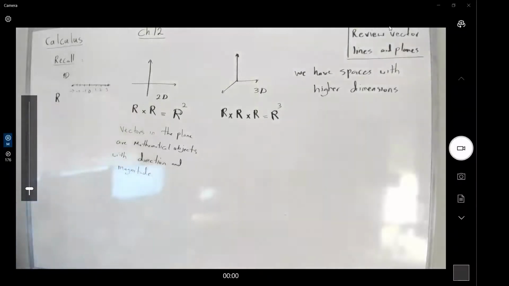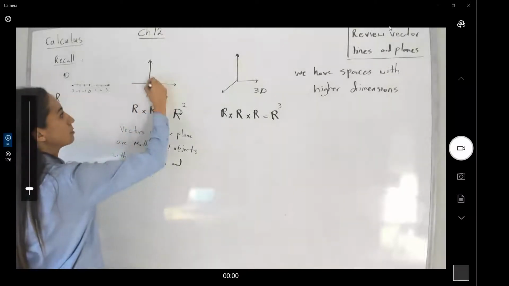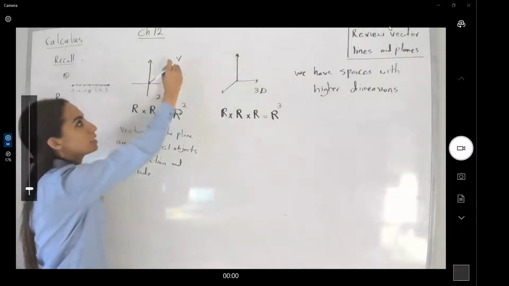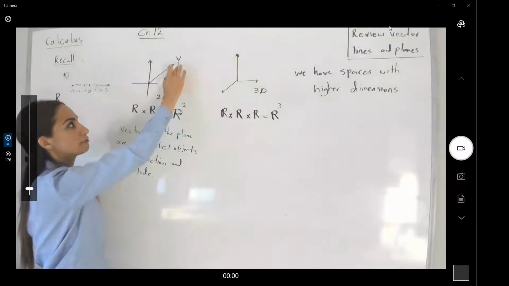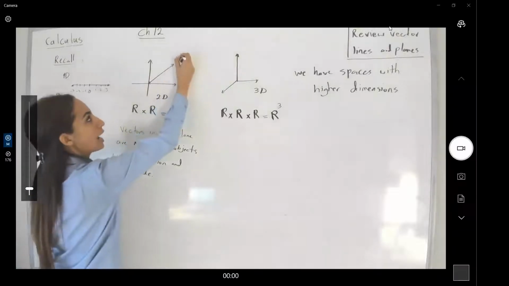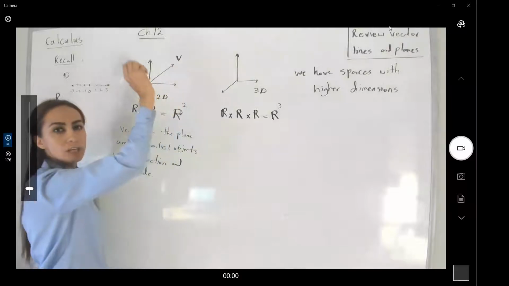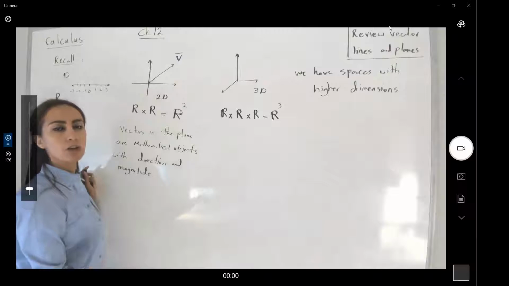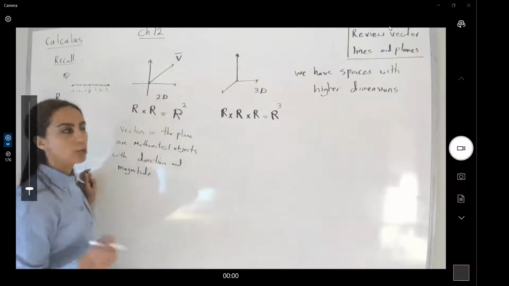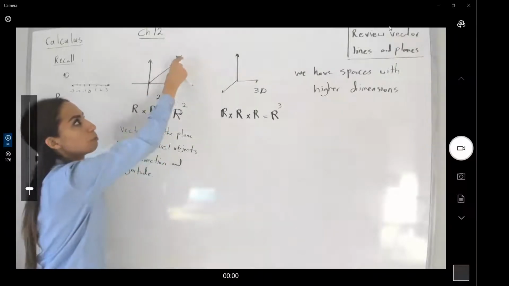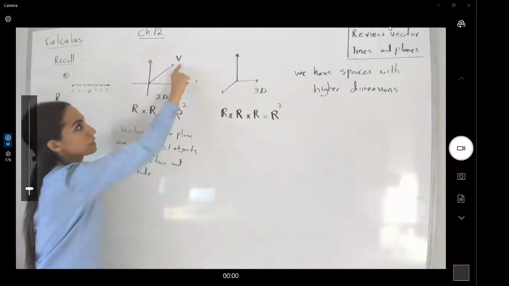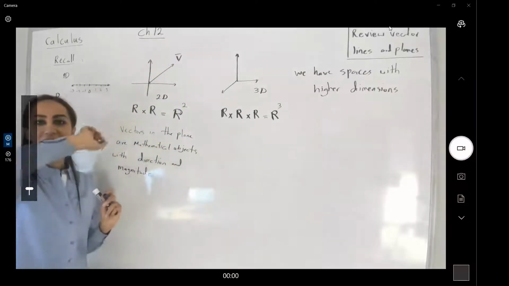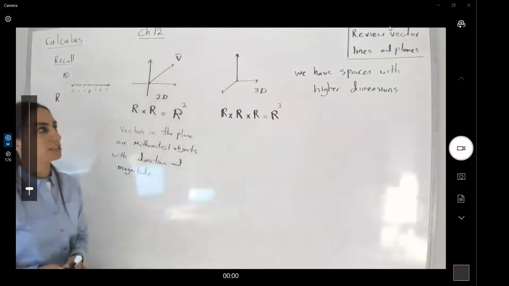So suppose you have this vector in the plane, vector V. Sometimes we just leave this letter V as it is, or some other times we put a line on top of it to represent a vector. So if you open different calculus books, you might see just V, bolded V, representing the vector, or you might see V with a horizontal line on top of it, and this is a vector.